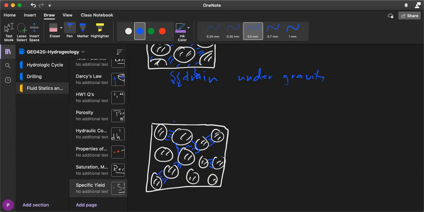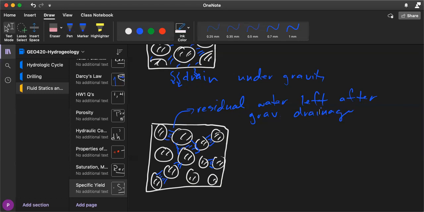So this is the residual water left after gravity drainage. We're always going to have it in there. It's really, really hard to completely dry out a soil. You've got to put it in an oven at 100 degrees and boil it.